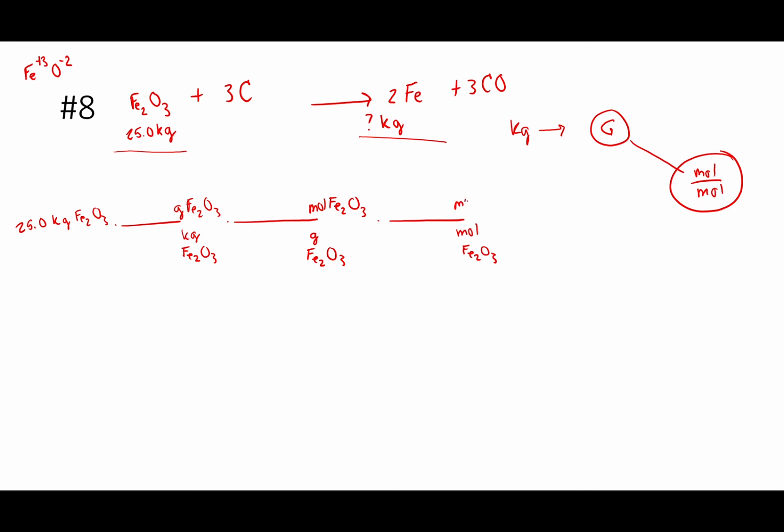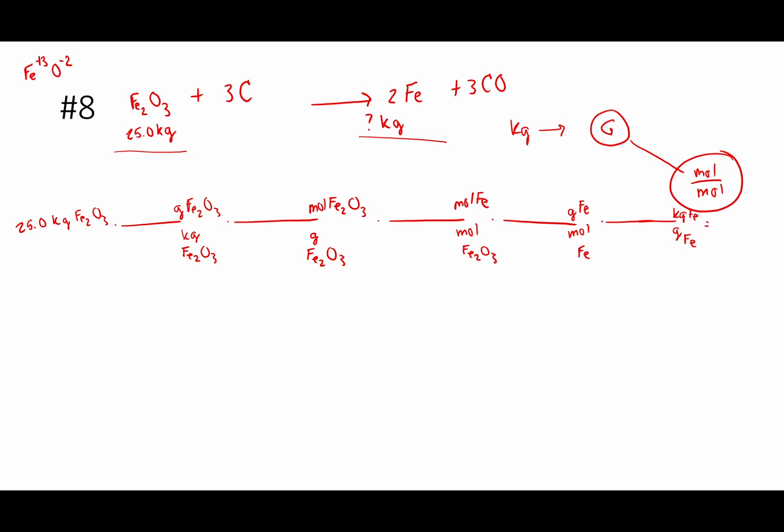So here's moles of Fe. The only time that your compounds can change is when you have a mole-to-mole ratio. Now, I'm just going to go back to kilograms, but this time working with iron. Moles of Fe to grams of Fe. Grams of Fe to kilograms of Fe.